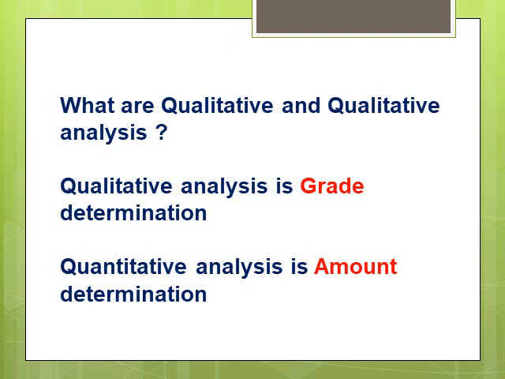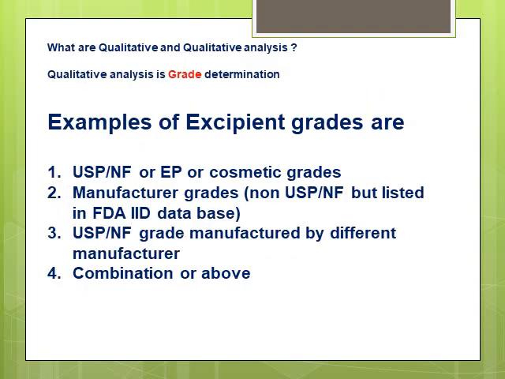The qualitative analysis is about grade determination, the grade of material. So what is grade? You can define it in a number of ways. One way is to say if they are compendial material or not, that is, if they are listed in USP-NF or EP or cosmetic.